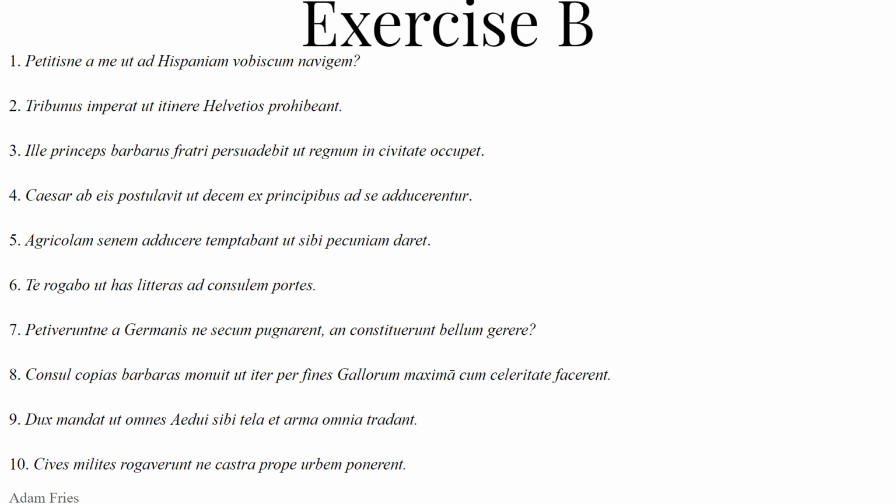So they might not, ne ponerent, they might not pitch or put up castra, camp, castra being the accusative direct object of ponerent. Prope urbem, near the city. The citizens asked the soldiers not to pitch camp near the city. The citizens asked the soldiers lest they pitch camp near the city, so that they might not pitch camp near the city. Rogaverunt is perfect tense, secondary sequence, which explains the imperfect subjunctive ponerent in the dependent subjunctive clause.